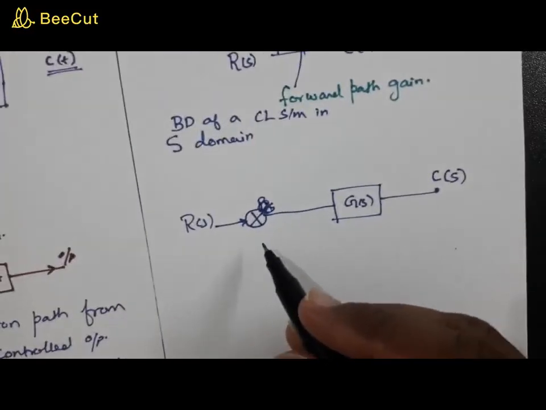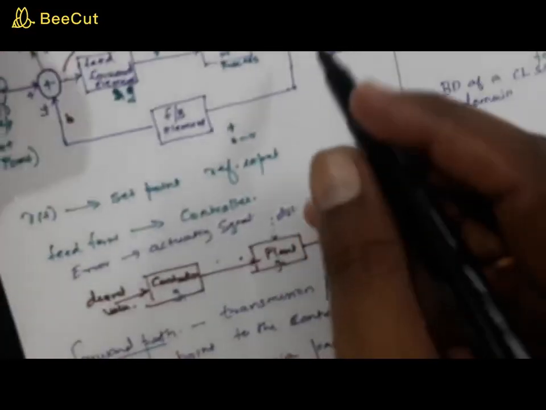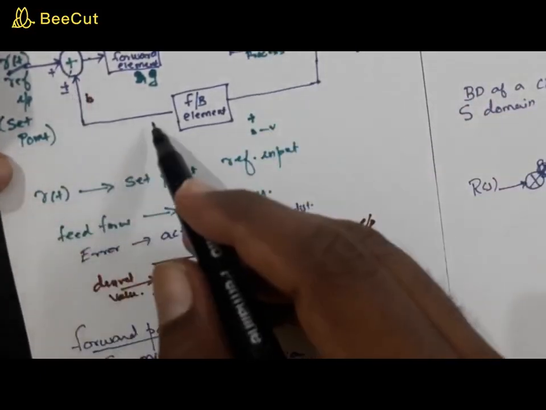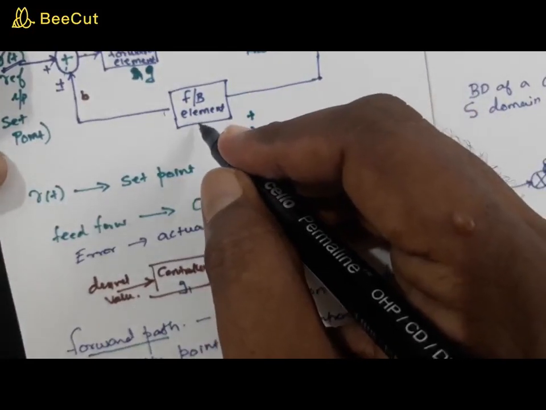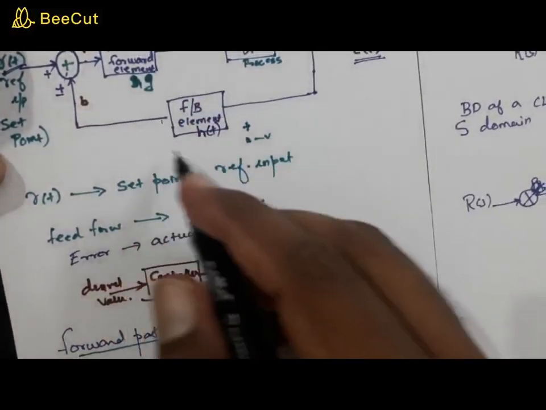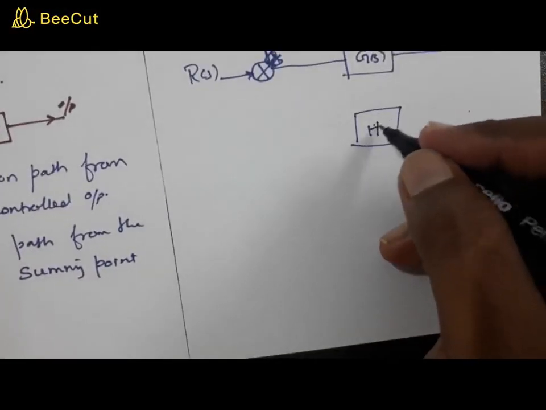Next, what is this called? This is called the feedback path, and the feedback path will also have a gain. Let us call that small h or h of t. Then what will be its S domain? It will be h of s.